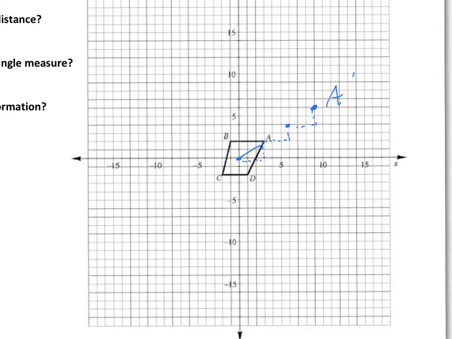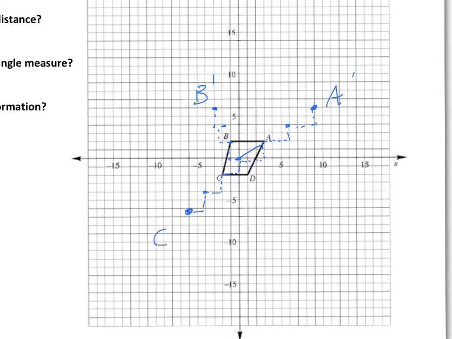Then B is going to be over 1, up 2, over 1, up 2, over 1, up 2. And that's going to be my new B. And we're going to do that for each of these. C's, there's 1, there's 2, there's 3.